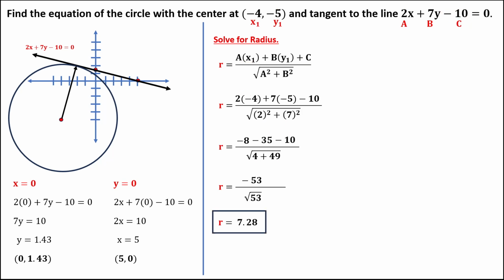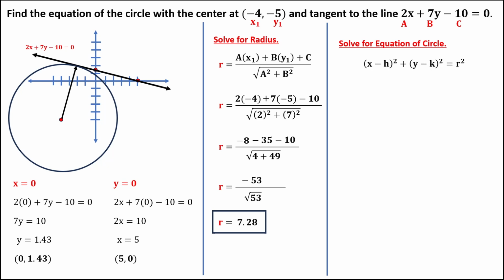7.28. So since we have now the radius and the center of the circle, we can find now the equation of the circle from this formula. So we have the quantity (x - h) to the power 2 plus the quantity (y - k) to the power 2 equals r squared, the radius.